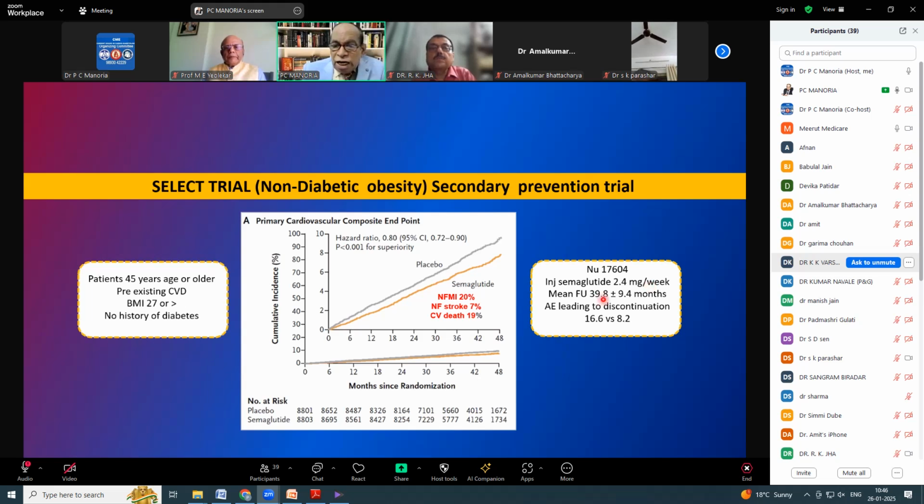Mean follow-up 39.8 plus or minus 9.4 months. Patients were 45 years or older with pre-existing cardiovascular disease. This is a secondary prevention trial in obese patients, BMI more than 27 and no history of diabetes. You can see a 20% statistically significant reduction in the primary endpoint: cardiovascular death, MI, and stroke.